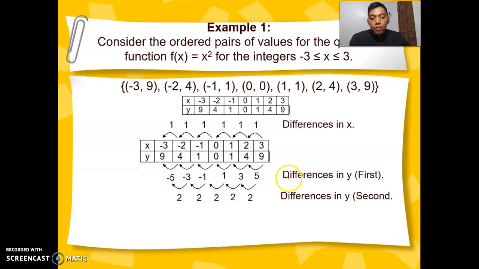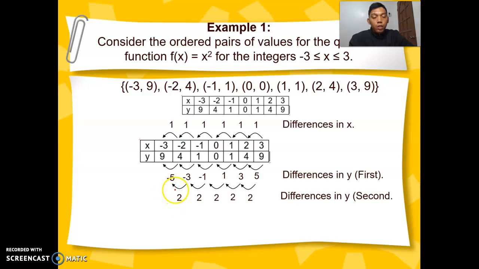In the first difference, they're not the same, right? But in the second difference, they're the same. So that's one thing you have to consider if you are to identify whether a given table is a quadratic function, because it's the definition of the quadratic function.